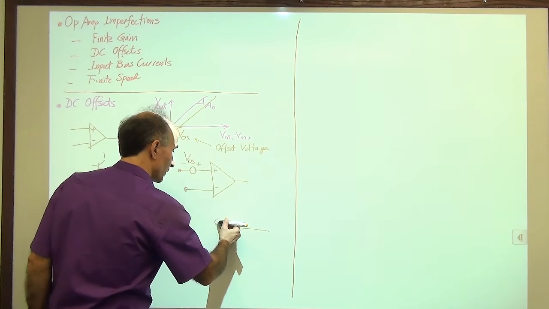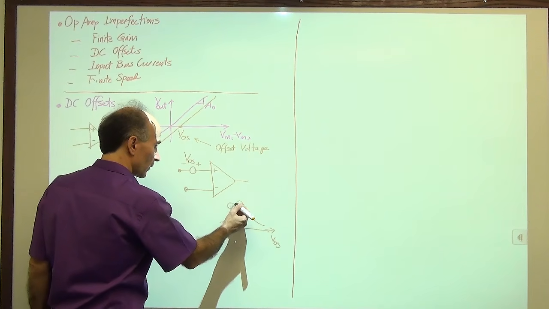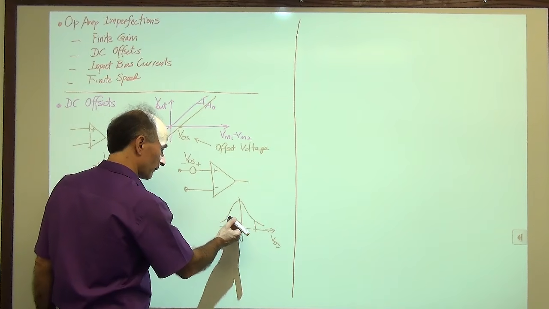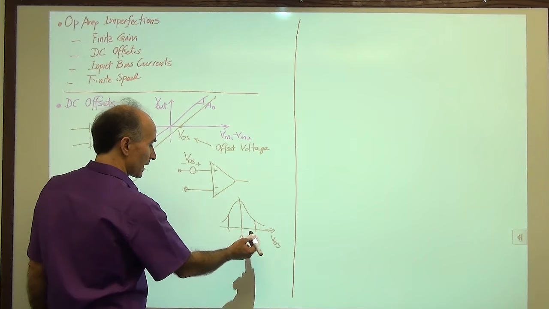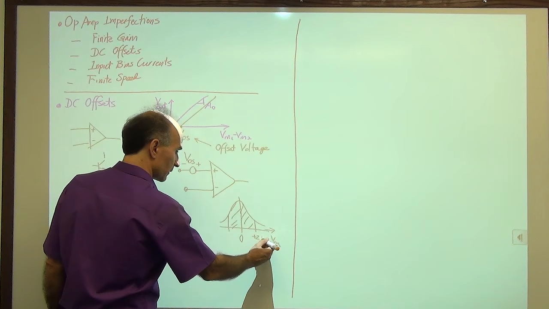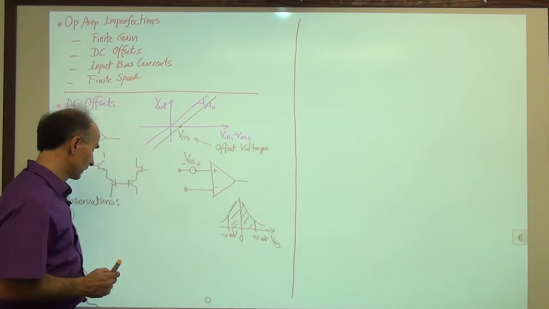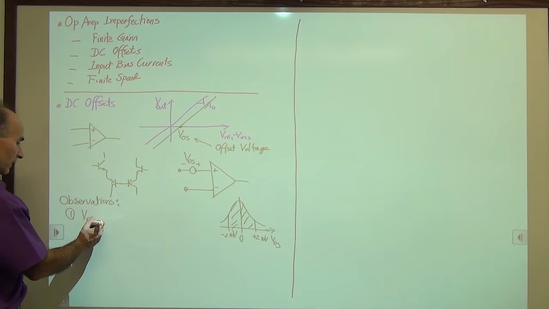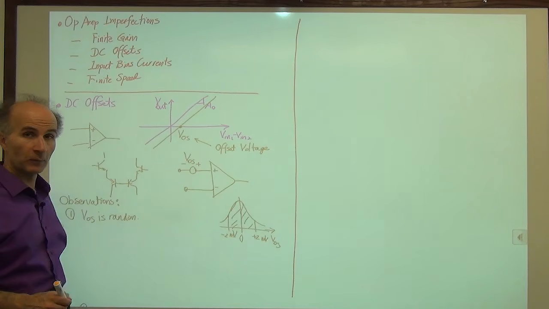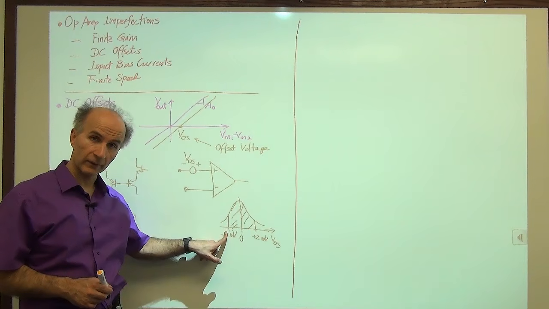There's a Gaussian distribution here for the offset voltage, the average is 0, the mean is 0, and when we did the measurements, most of them were over here, from plus 2 millivolts to minus 2 millivolts. So VOS is random, and by random, we mean not only is its value somewhat random, its sign is also random.